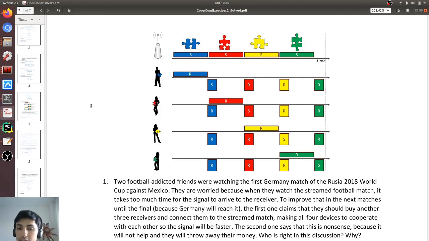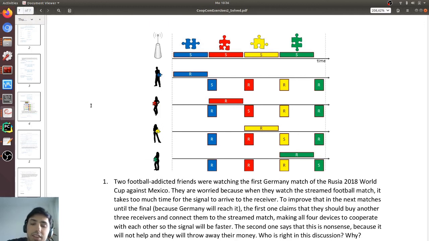To improve that, in the next matches until the final, because of course Germany will reach it, the first one claims that they should buy another 3 receivers and connect them to the streamed match, making all 4 devices cooperate with each other so the signal will be faster. The second one says this is nonsense because it will not help and they will throw away their money. Who is right in this discussion and why?